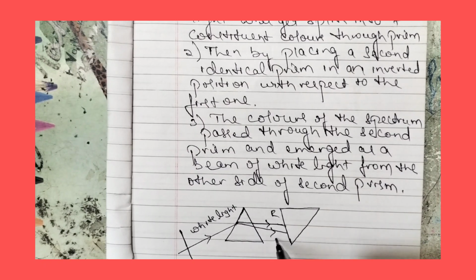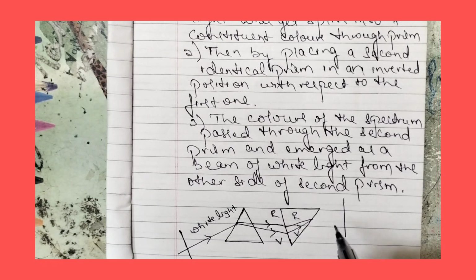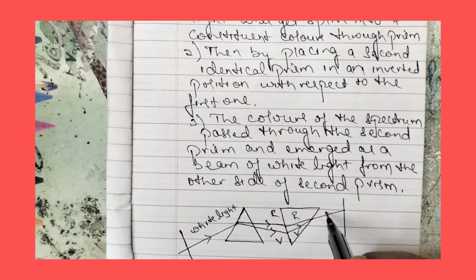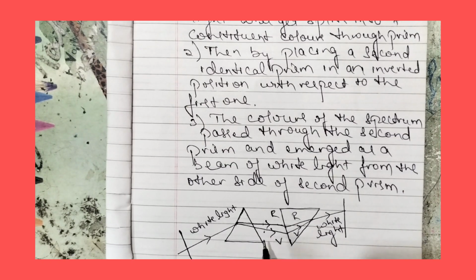This is red, this is violet. Now on the screen you observe white light again. First, white light splits into 7 constituent colors, and again recombining these 7 constituent colors, we get white light. This is called recombining the components of white light through a prism.